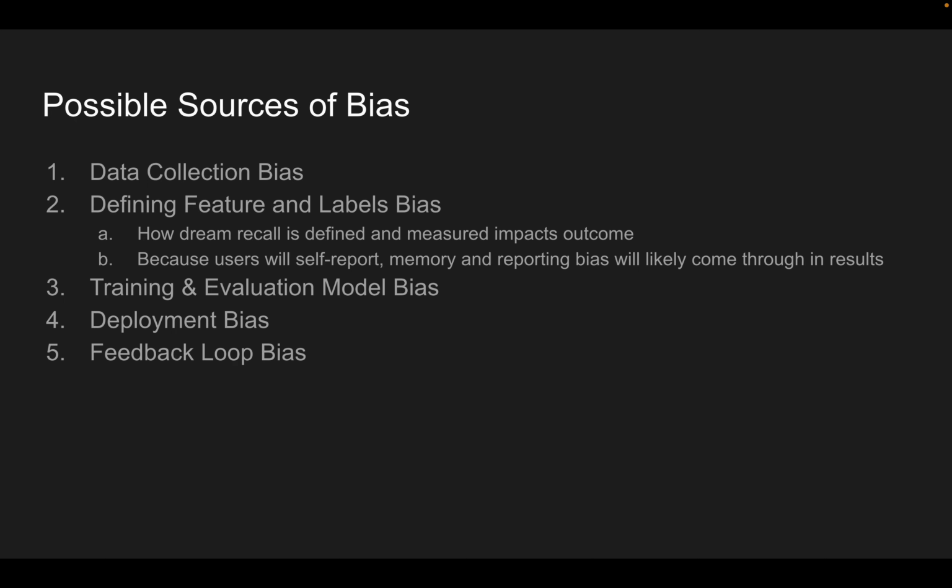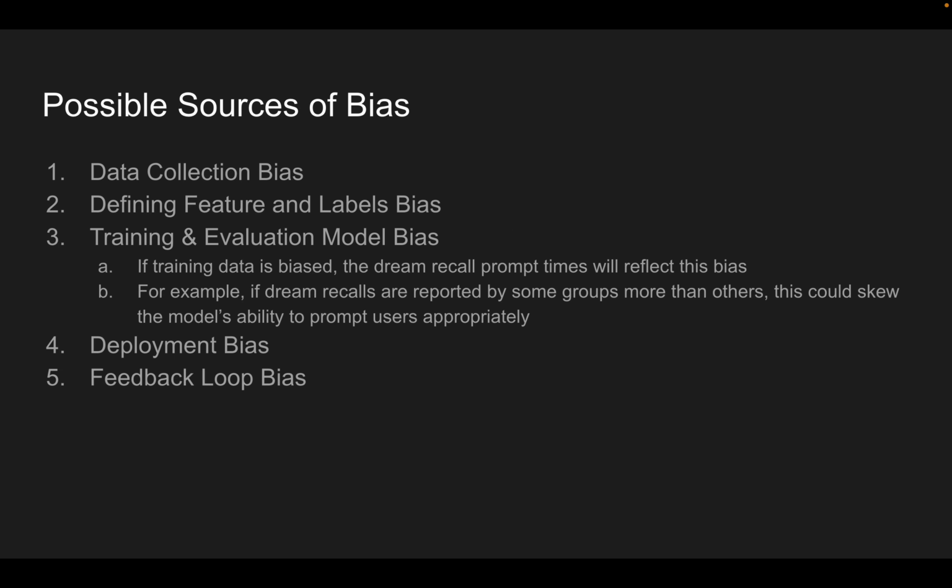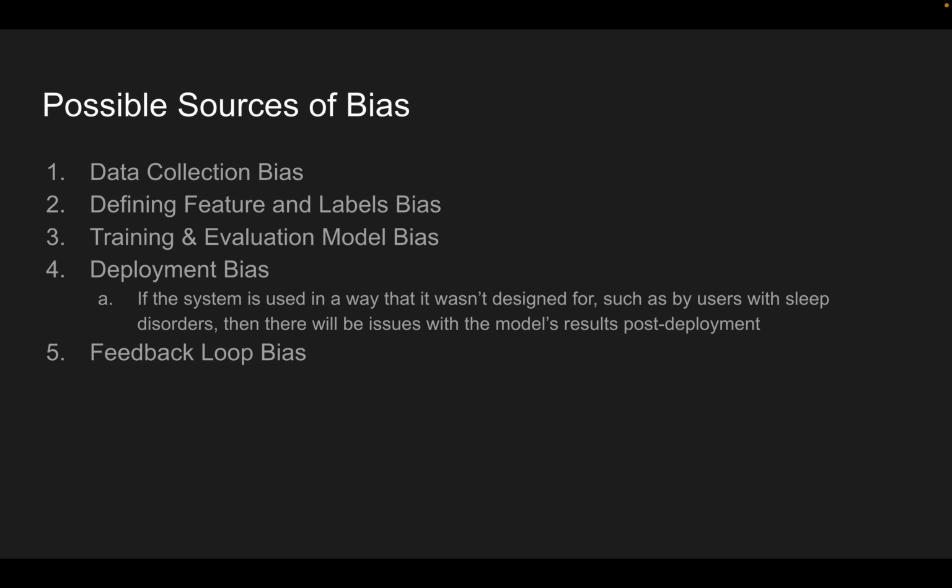time. And because users are self-reporting, there's a memory and reporting bias coming from the user that's going to come in the results. In the training and evaluation stages, dream recall prompt times are going to reflect the bias. Some groups may report dreams more frequently than others, which could skew the model's ability.